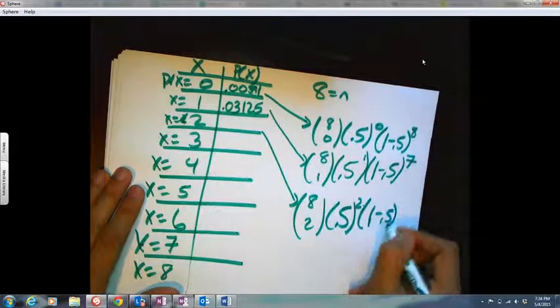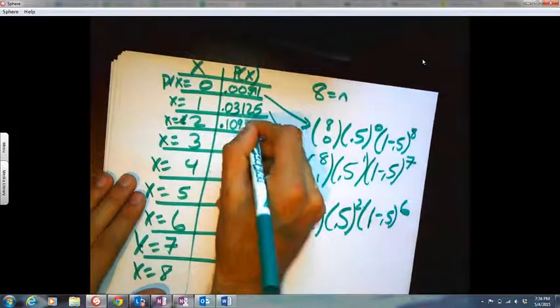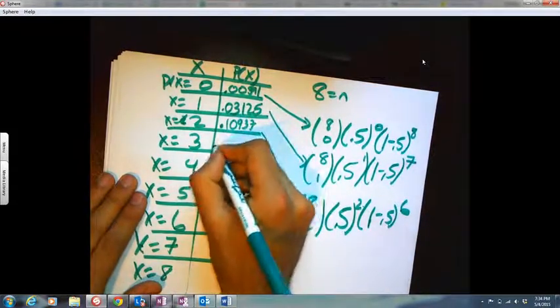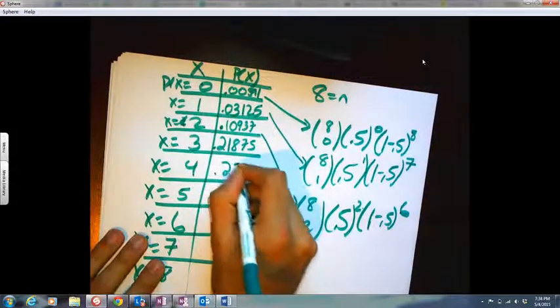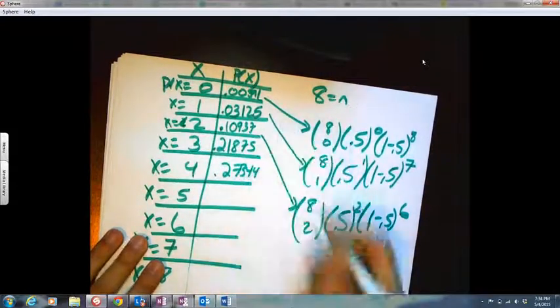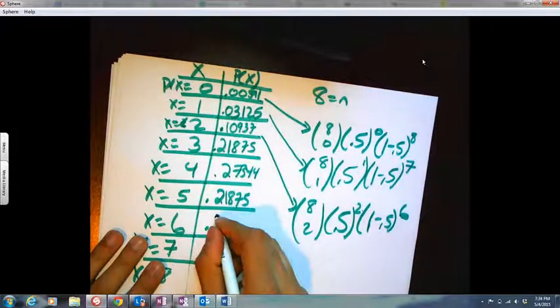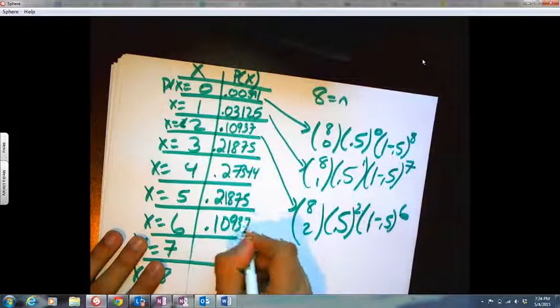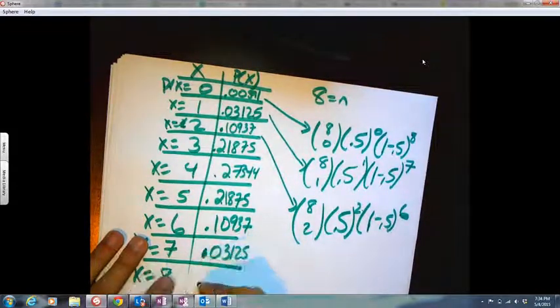And I'll get 0.10937. This is 0.21875. 0.27344. I would just go through and do this for every single one. Okay, so that is part C.